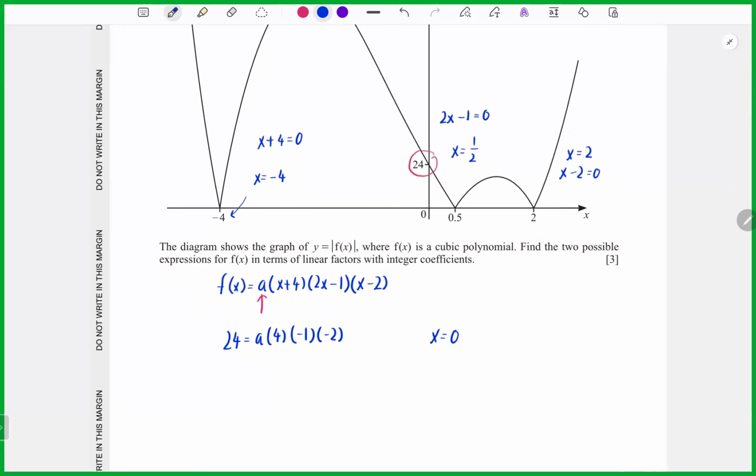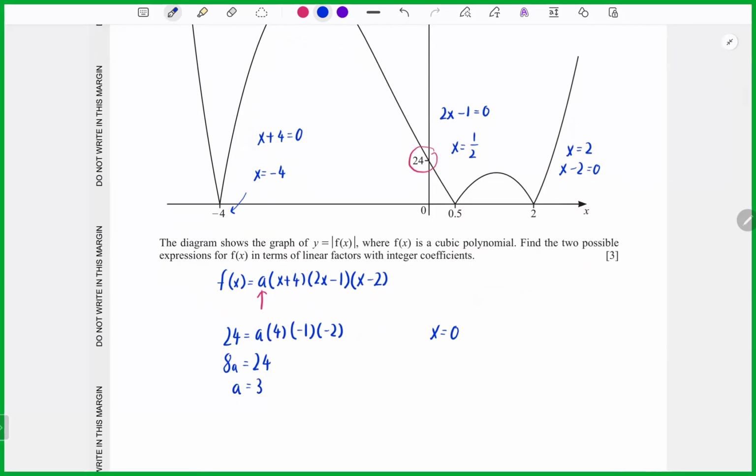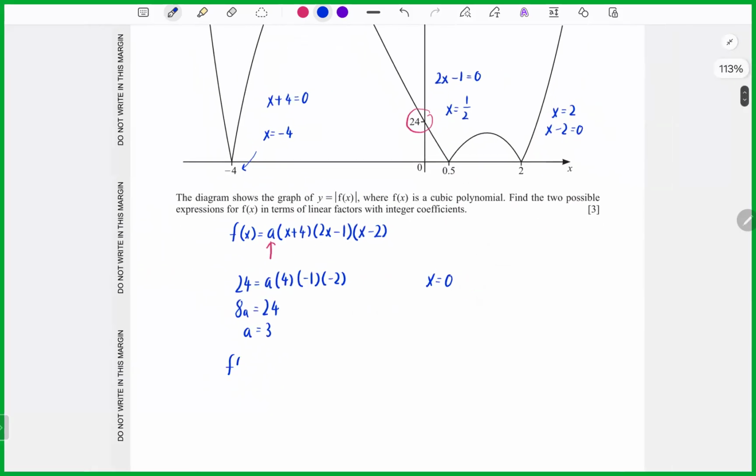Here you will get a equals 24 over 8, which equals 3. So f(x) equals 3 bracket x plus 4, 2x minus 1, x minus 2.